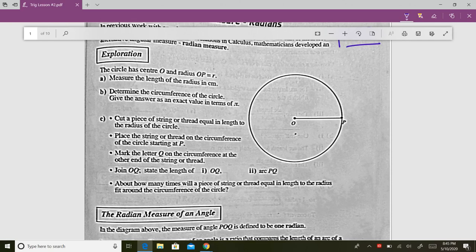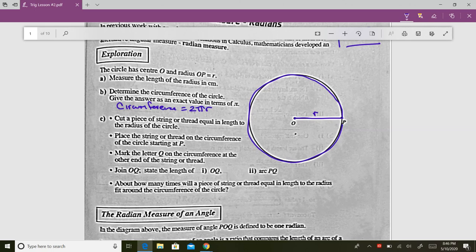So we're going to go back to a circle. If we have a circle, center O, this line here is the radius, R. The distance all the way around the outside of the circle is called the circumference. The formula for circumference is 2 pi r.